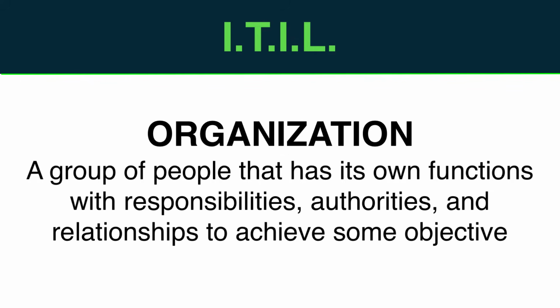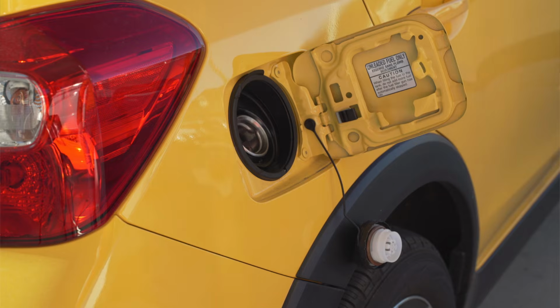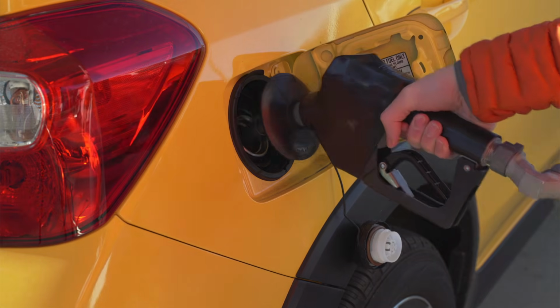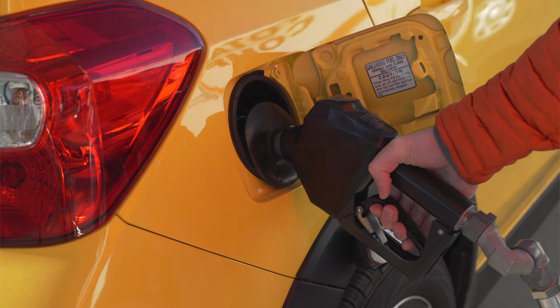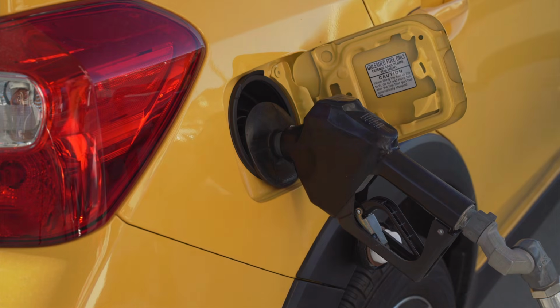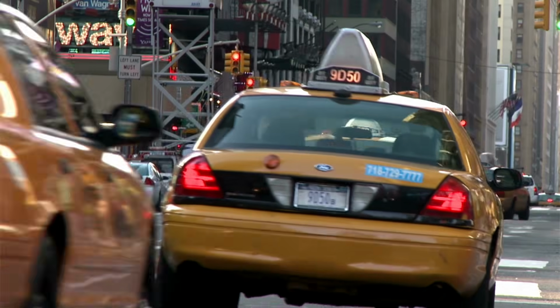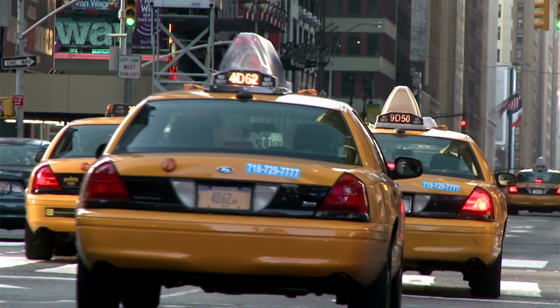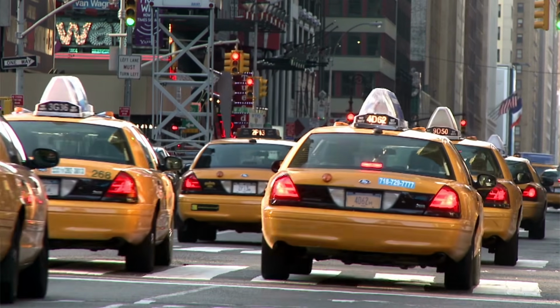So if we go back to that taxi cab example, the taxi cab company is a consumer of services provided by automobile dealerships and mechanics, maintenance shops, and filling stations. And at the same time, they are the provider of their transportation service, where they take me from point A to point B.